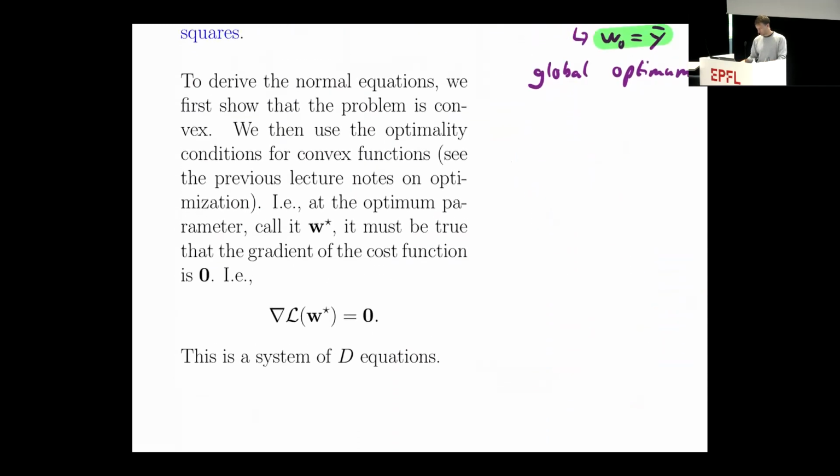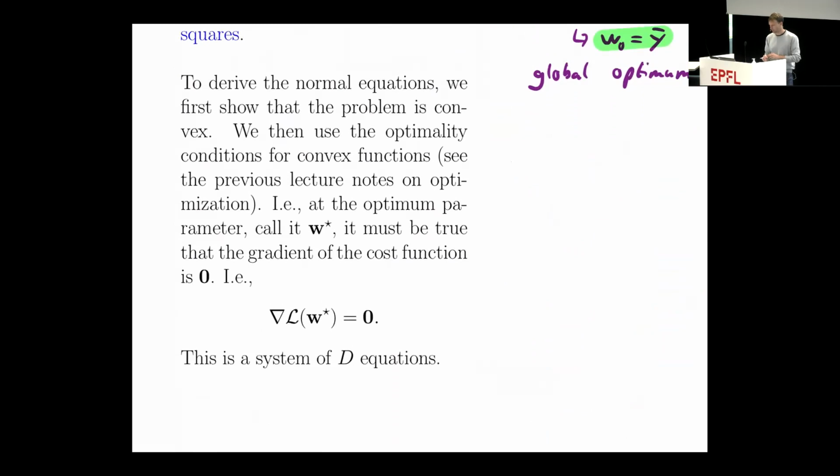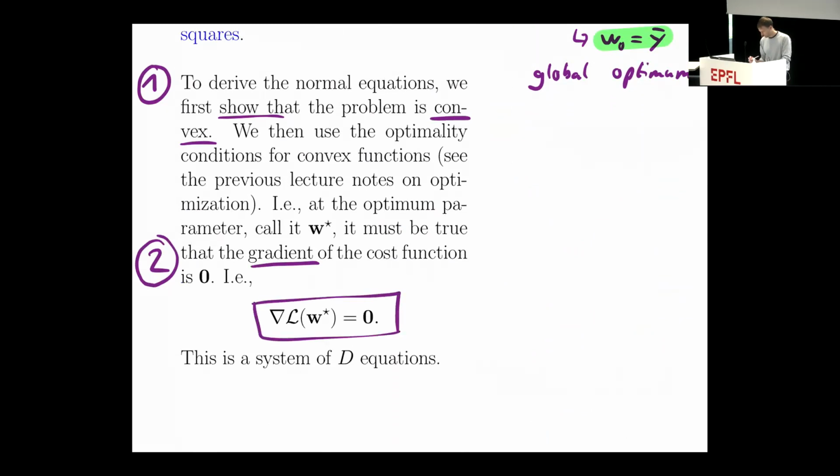Then the general recipe is really just exactly what we said. So step 1, you try to show that it's convex, and step 2, set the gradient to 0. So that's basically what is happening here. And yeah, you can always compute the gradient.